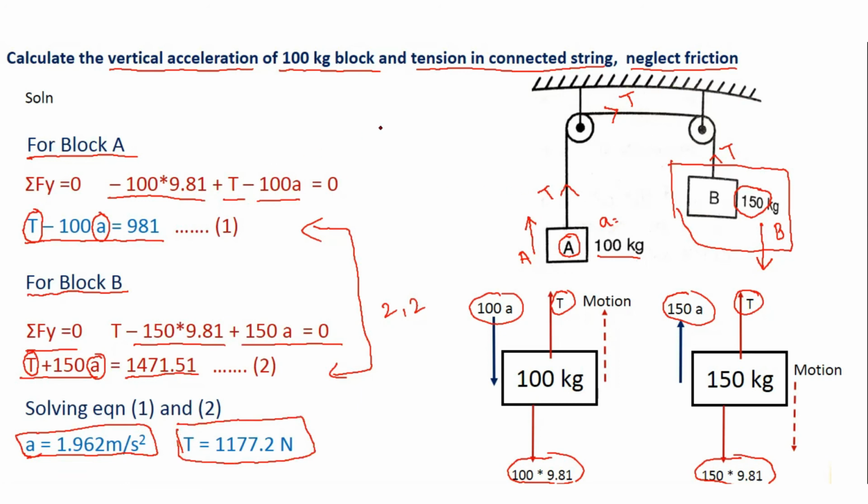In the question it was asked to find the vertical acceleration of the 100 kg block, so it will be 1.962 meters per second squared, and it was also asked to determine the tension in the connected string, which will be 1177.2 newtons, and this completes the solution.